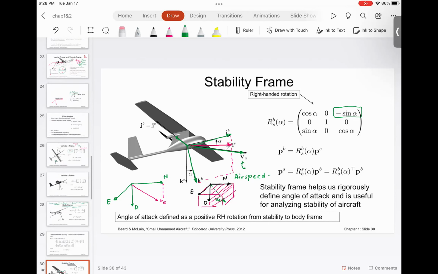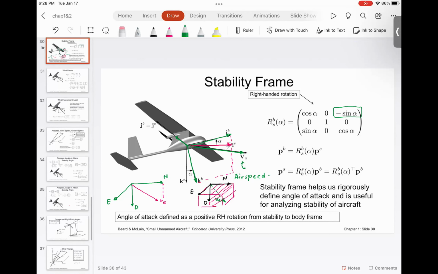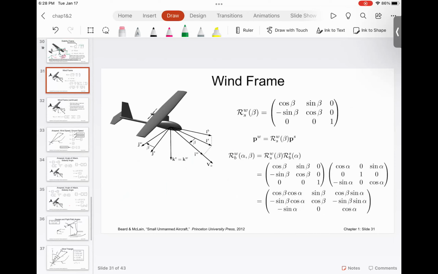I will explain it to you in just a second. So we got into the stability frame, and the last frame that we look into is called the wind frame.